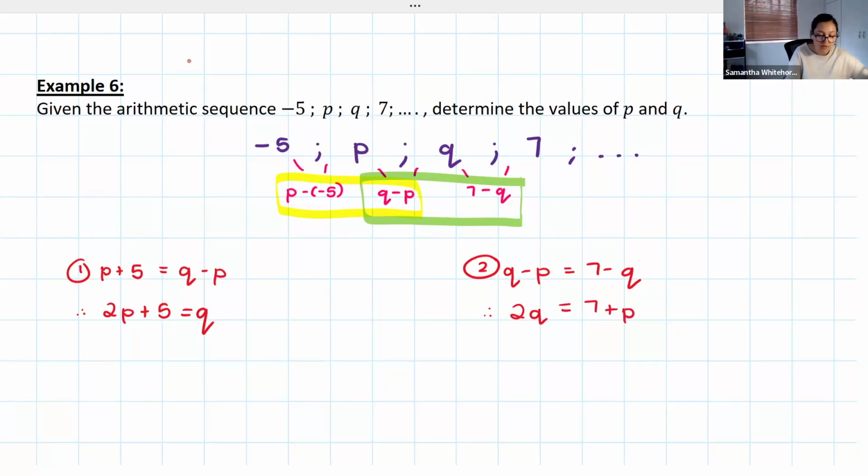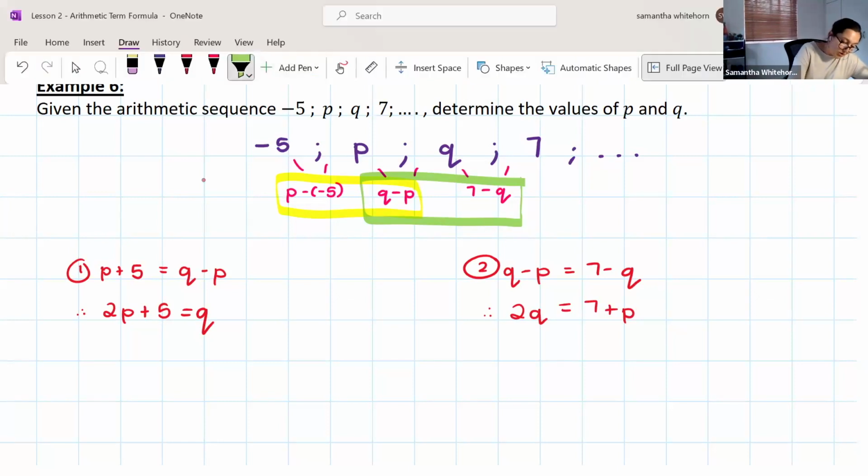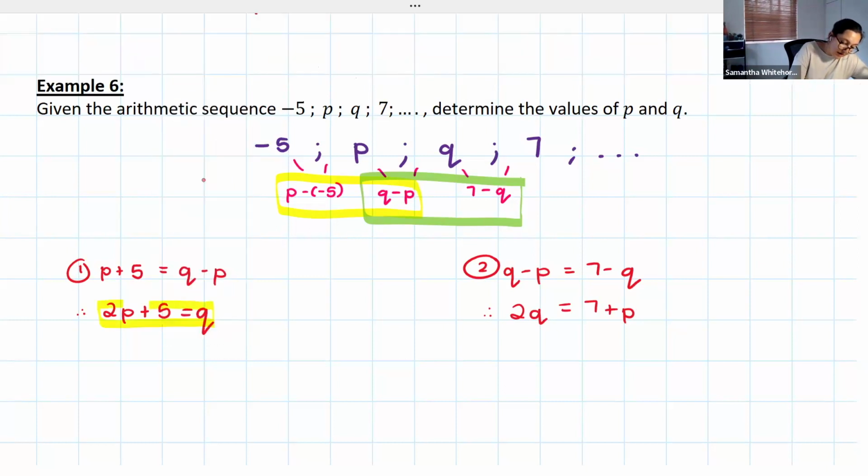Now, what you have done in equation 1 is you have worked out a value for Q. You know what Q is equal to in terms of P, which means that it can be substituted straight into your second equation.